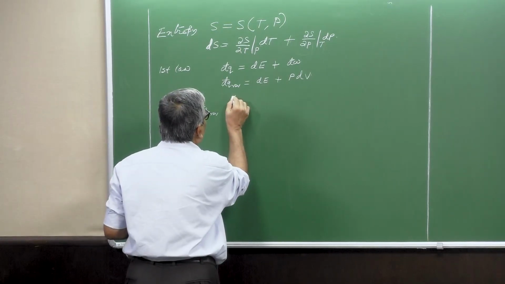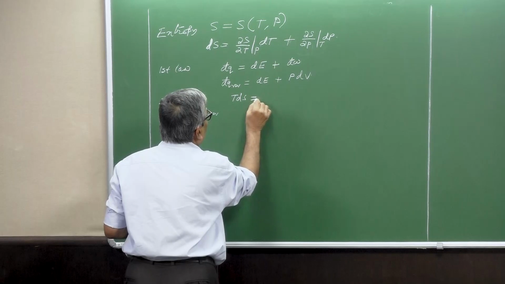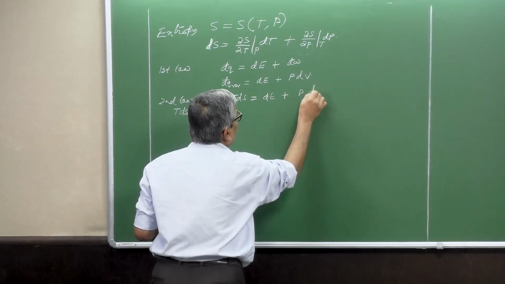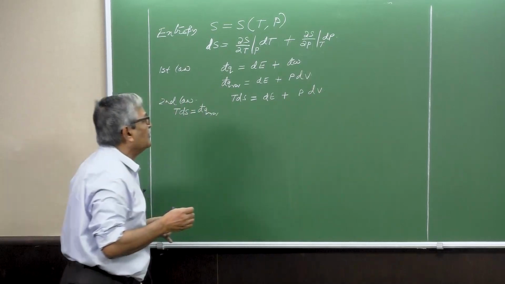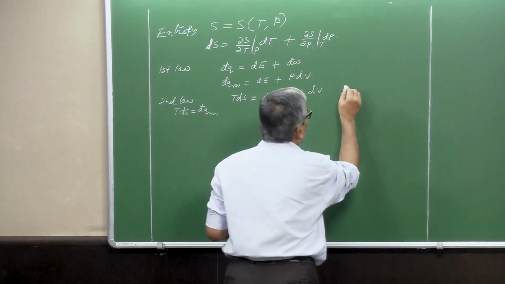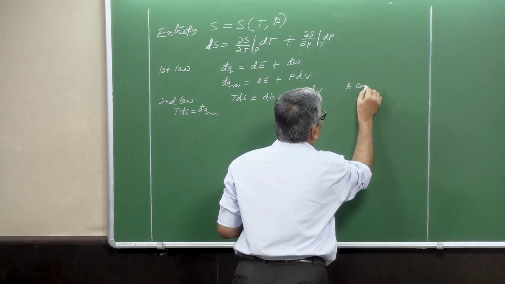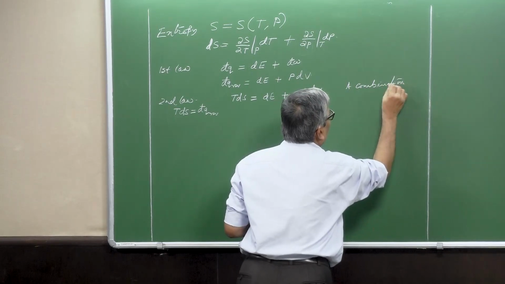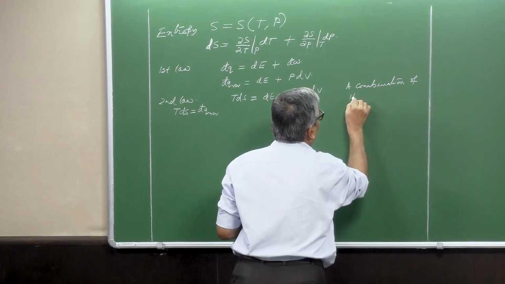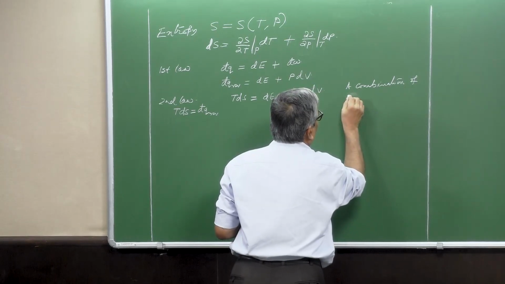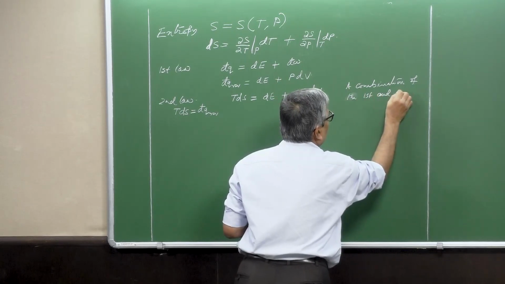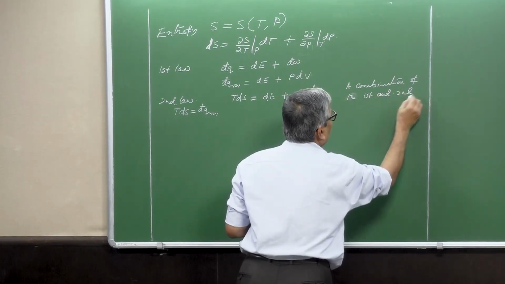So T dS equal to dE plus P dV is the combination of the first and second law.